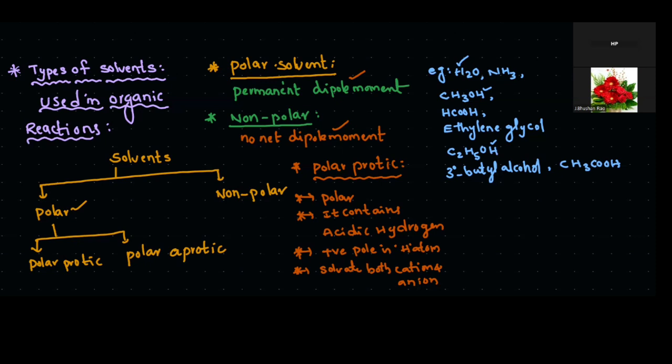Next, we will discuss polar aprotic solvents. What are the conditions for aprotic solvents? The first condition is that they are also polar in nature.